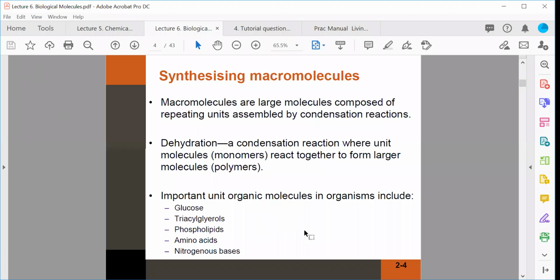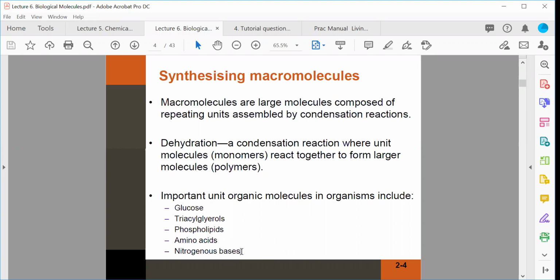What about this one? Amino acids. What class do the amino acids belong to? Proteins, correct. They make up proteins. And what about nitrogenous bases? What do they make up? Nitrogenous bases.